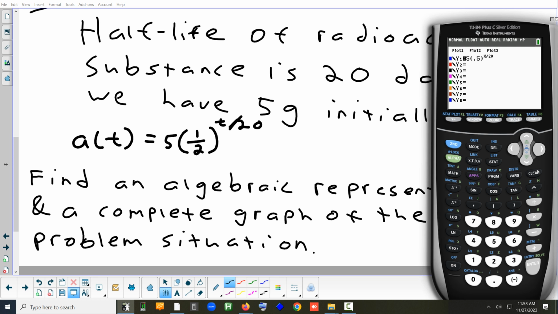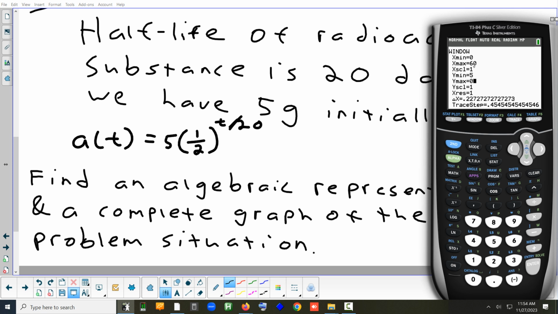Since this is decaying, what's the largest amount of material that we're going to have? 5. And what's the smallest that it's going to get close to? It's going to get close to 0. So let's go 5 grams down to 0. And we're going to look at it up to 60 days.